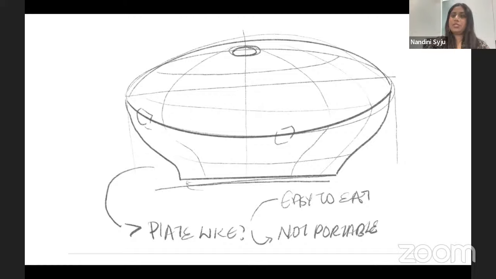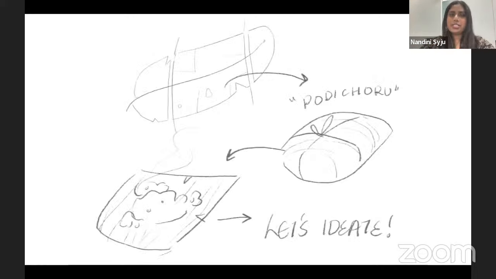And then it hit me, the most easy way you can portably carry Indian food and have it, and then easily wrap things up, literally wrap things up. I got inspired by our podichor.